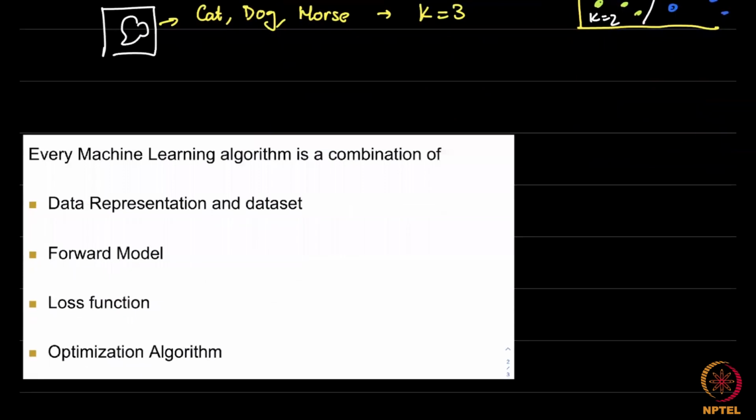So once again, we go back to our old idea about machine learning essentially being a combination of these 4 ideas: data representation and data set, what the forward model is, what the loss function is, and what the optimization algorithm is. So what is it for the multi-class classification problem?